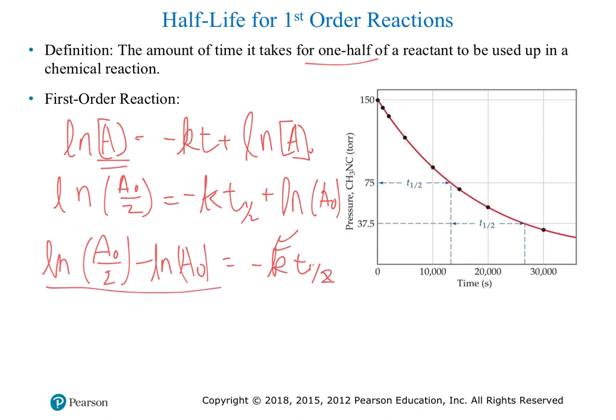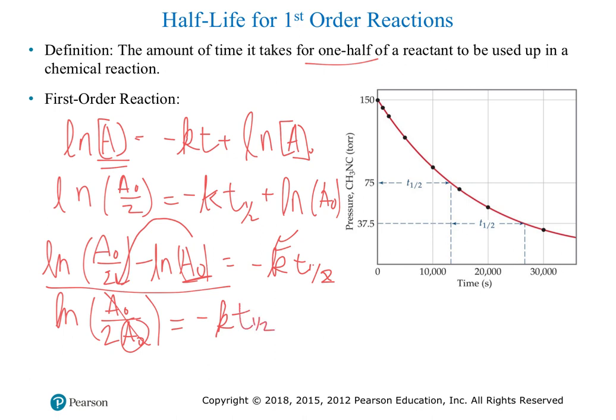Basically we can recombine this, and when we do that, the natural log goes on the bottom since we're subtracting. So we get ln of A naught over 2 over A naught. The A naughts cancel out, and that equals negative k t1 half.